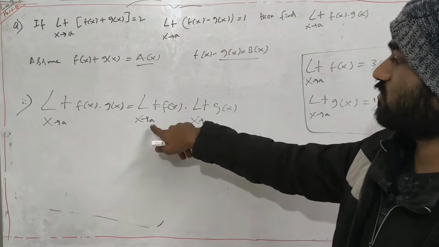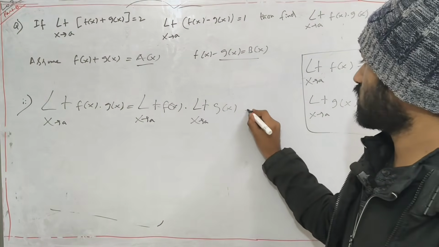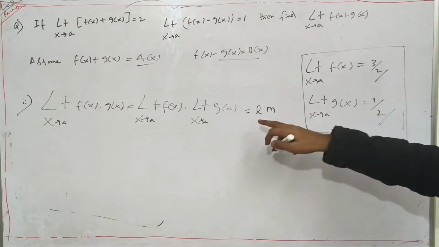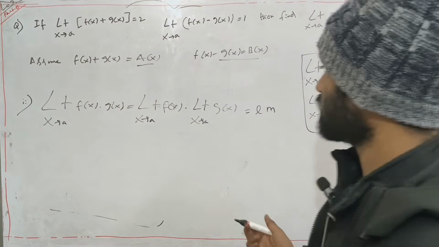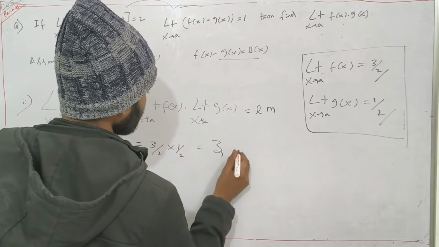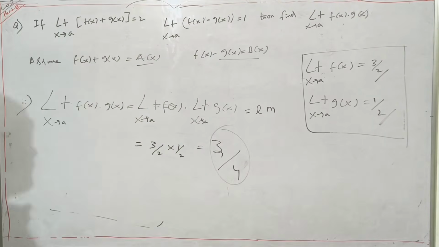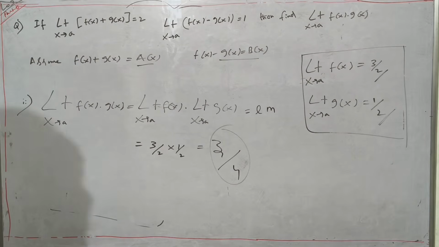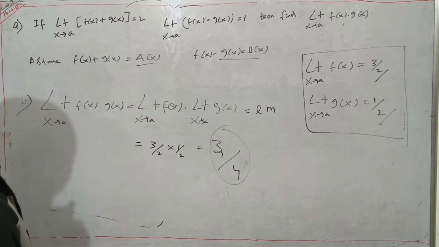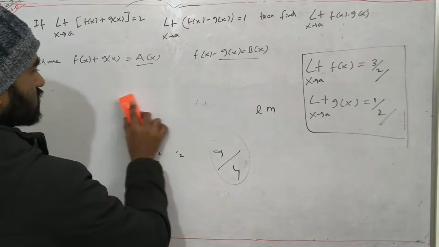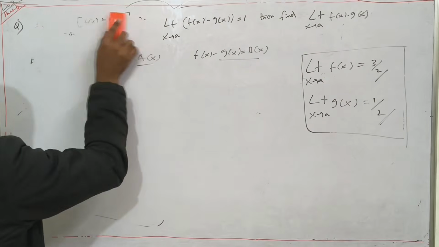We can use this rule if individual limits exist, equals L into M. Individual limits exist and we have those values. So we can write it as 3 by 2 into 1 by 2 equals 3 by 4. Samajh aa raha? Okay. So chalo, this is our first question. Let's go to the second question.